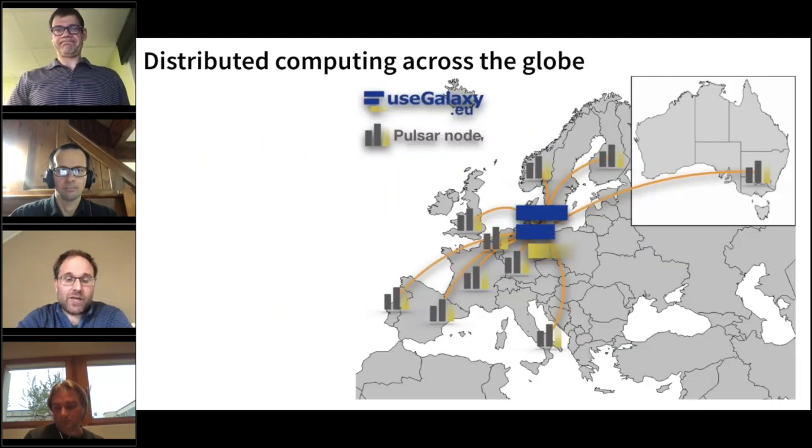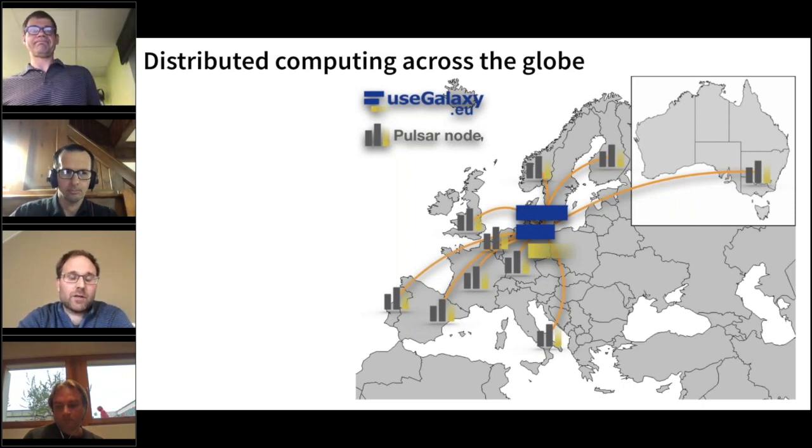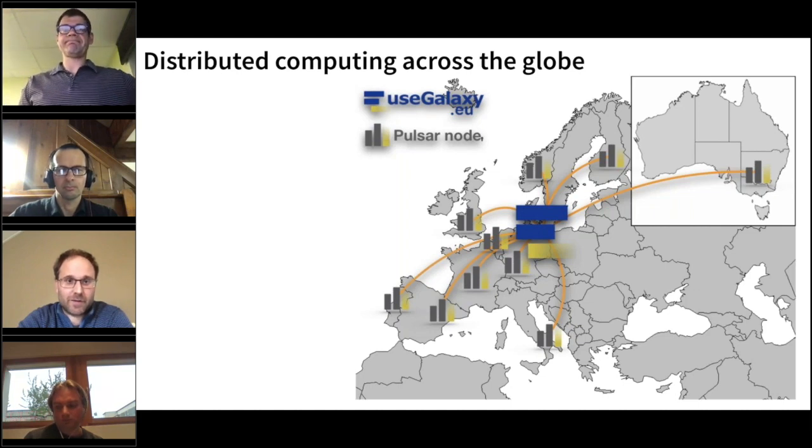And to make sure that we have sufficient compute resources available, we have also implemented distributed computing inside Galaxy. This is a so-called Pulsar network. For this, we focused on useGalaxy.eu, which is run by Björn from Freiburg.